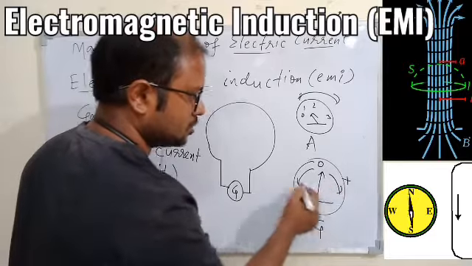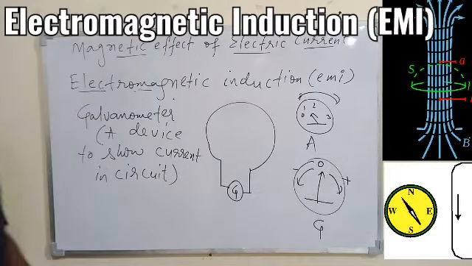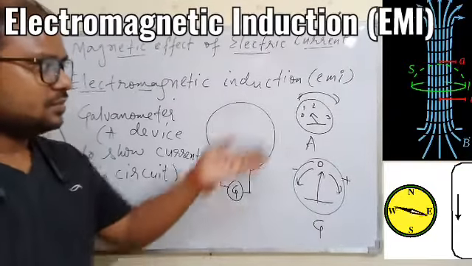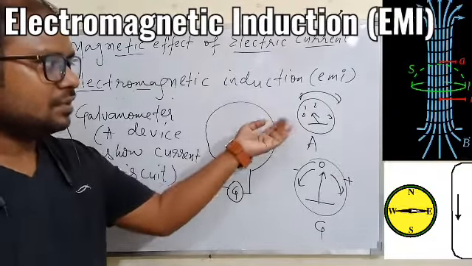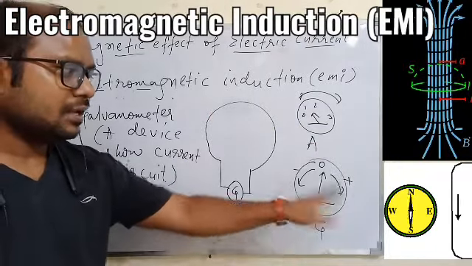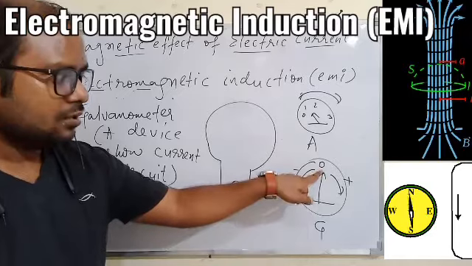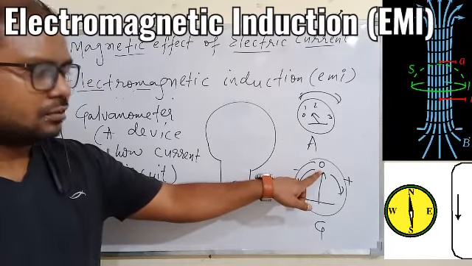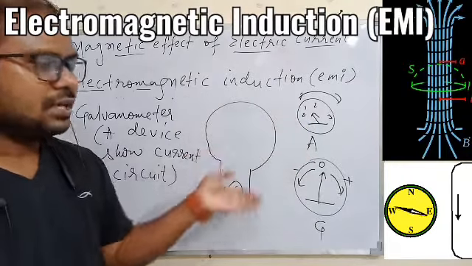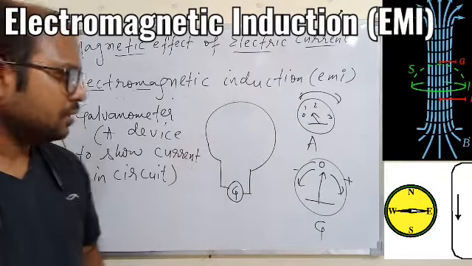This direction is taken positive and this direction is taken negative. So overall, the only difference you find in class 10 is that in the ammeter the current is shown in one direction only, and in the galvanometer the current can be shown in both directions. The galvanometer starts from the center point, and the ammeter starts from the left side. That is the difference we have.